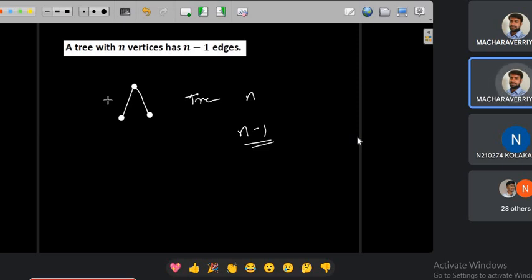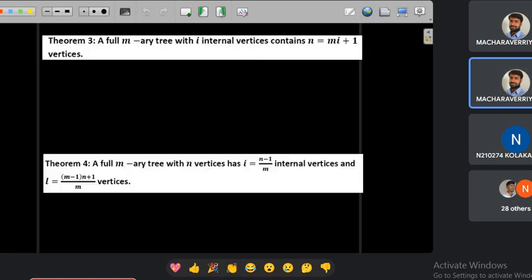Now you can see the number of edges, these are 2. However, the drawings can be different. For example, a tree with 3 vertices can be drawn like this, having 2 children, or it can be drawn like this also. However you draw it, if you have 3 vertices, there will be only 2 edges.